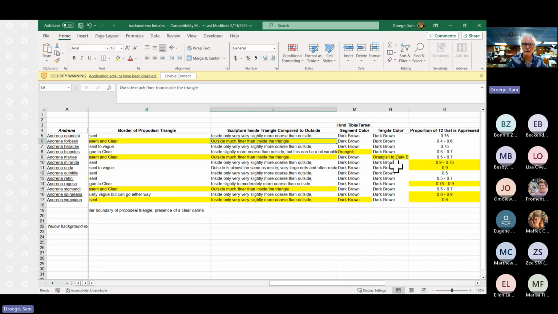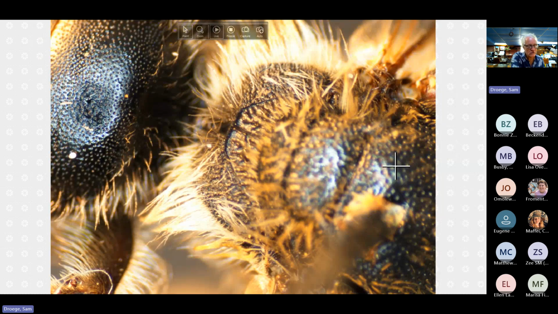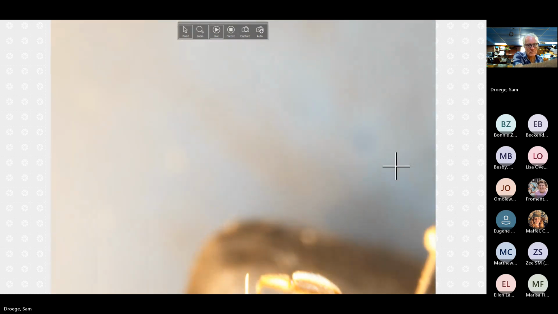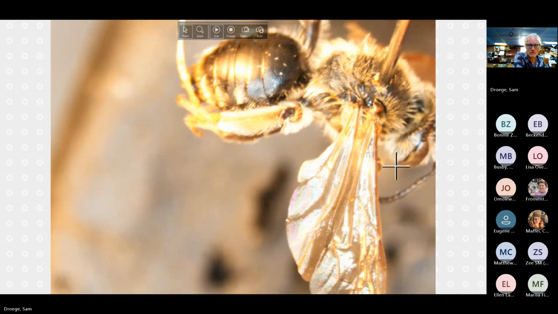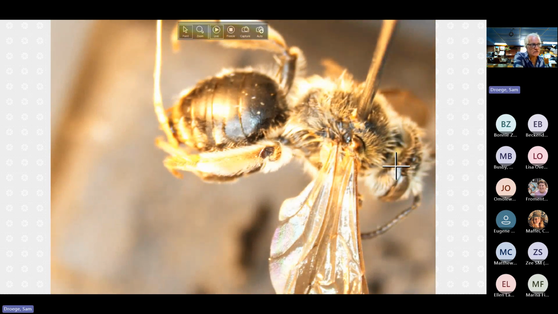We also can look at the outside sculpturing. Outside the triangle is much finer than the inside of the triangle. I think I will change the angle on this so that it shows up a little bit better. You can kind of see that already there. In some species, that level of sculpturing is about the same, and in other species, it's quite a contrast.